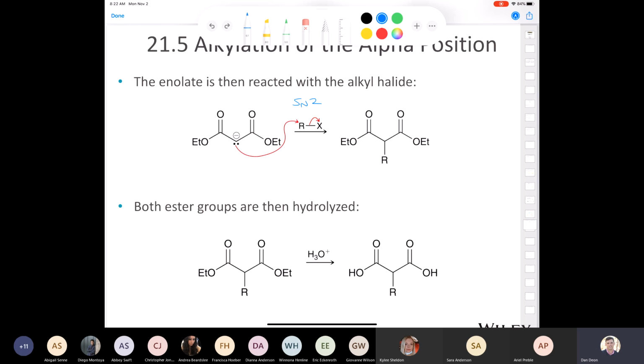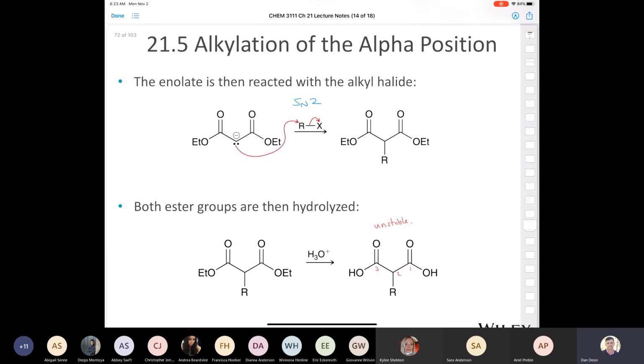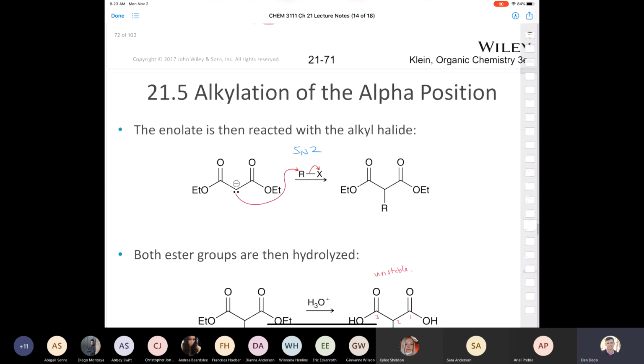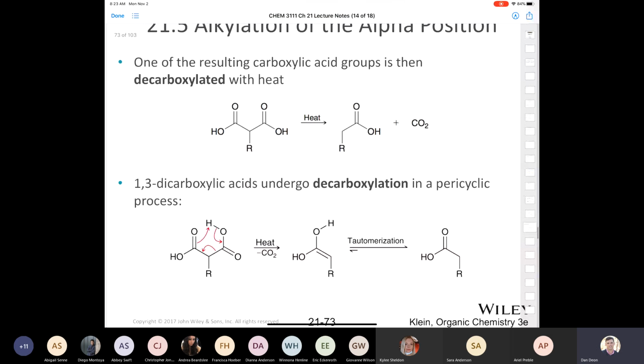Now here's the cool part. You've got this 1,3 dicarboxylic acid. This is unstable, because you remember that our product only had 1 carboxyl group. Are you ready to see one of the neatest mechanisms you'll learn in this class? It's this one right here.